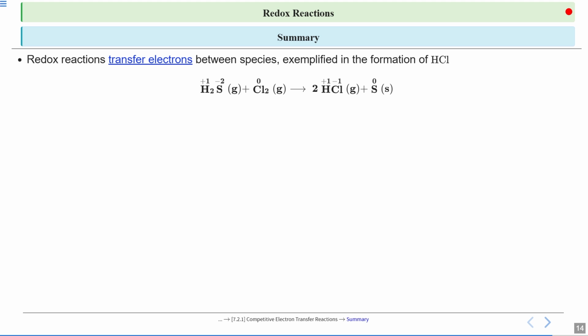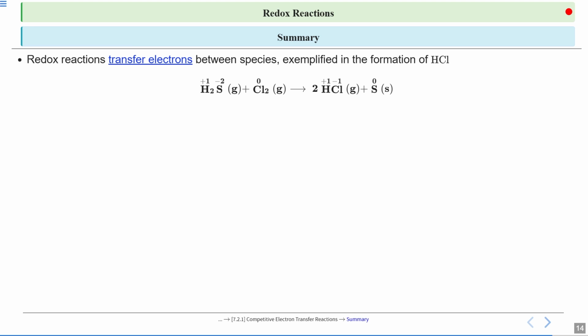While if you consider chlorine, it has an oxidation number of 0 in the reactant, while in the product it has an oxidation number of -1. So what does this mean? This means that in sulfur there is an increase in the oxidation number, which means oxidation has taken place there, while with respect to chlorine there is a decrease in the oxidation number, that means reduction has taken place.